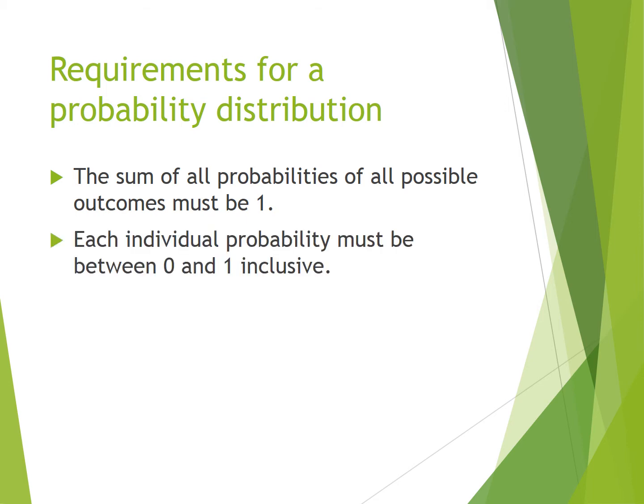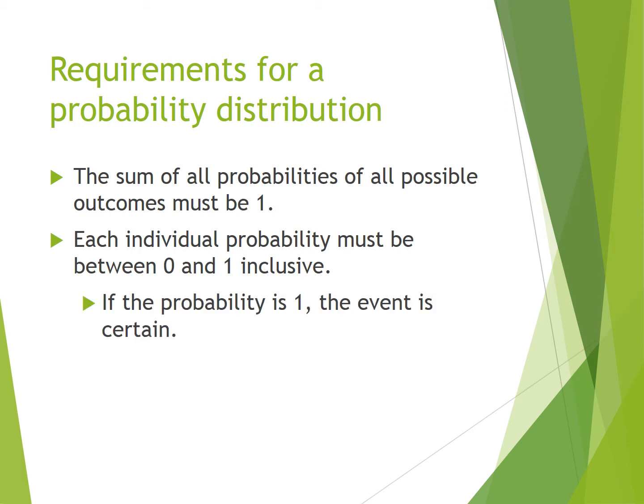And each individual probability must be between 0 and 1 inclusive, for the impossible event is still 0 and the certain event is 1. But all probabilities must sum to 1, and they must individually be between 0 and 1, inclusive of 0 and 1.